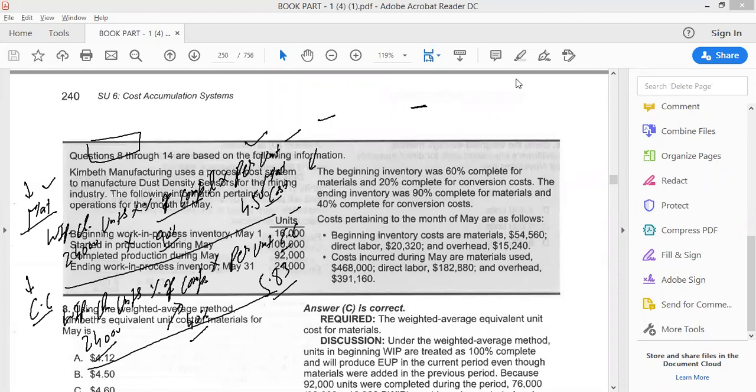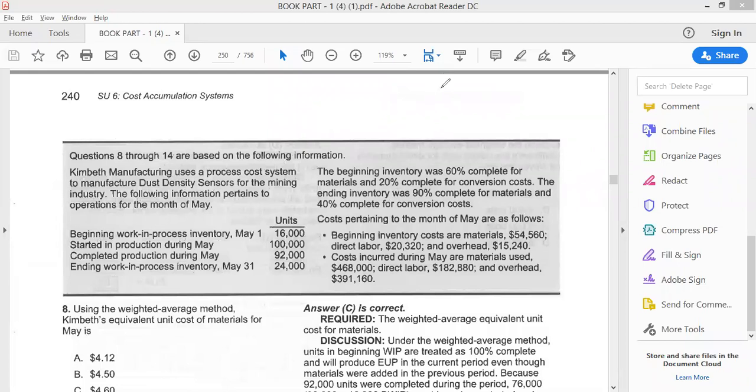4.50 and 5.83. This is my material cost per equivalent unit, and this is my conversion cost per equivalent unit. Students, assume that in the same question you have to calculate the value of finished goods. Things are very simple.